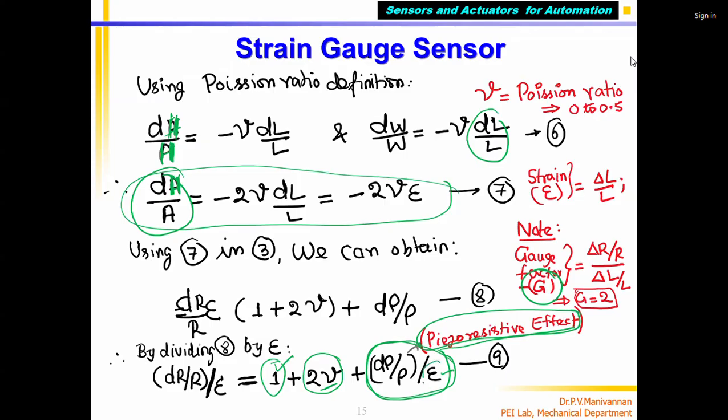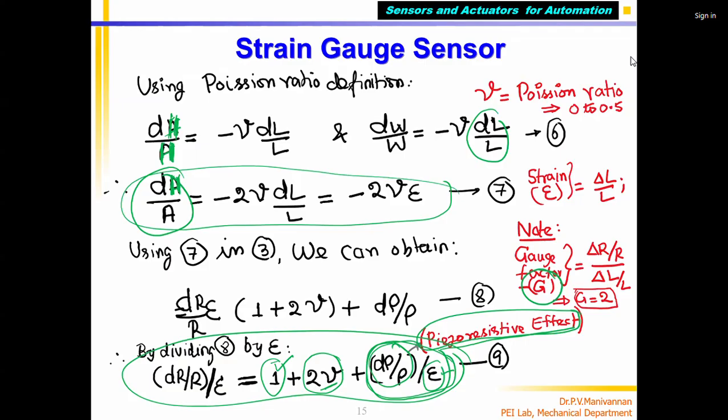If strain is there, it has an effect on the resistivity of the material also. That is called the piezoresistive effect. The final equation was this. There is a change in the resistivity of the wire itself when you apply a strain. This is how, combined, the strain gauge resistance is changing.